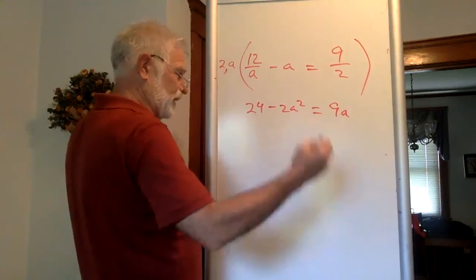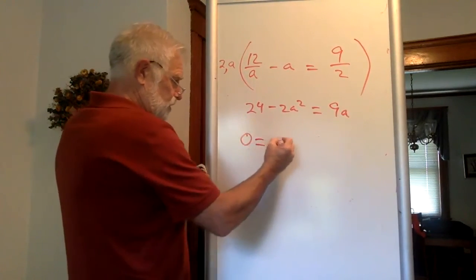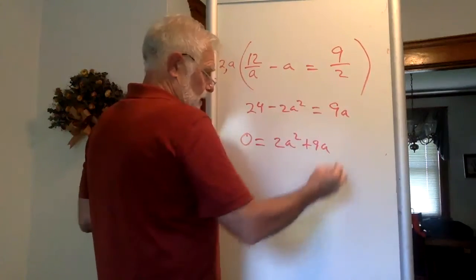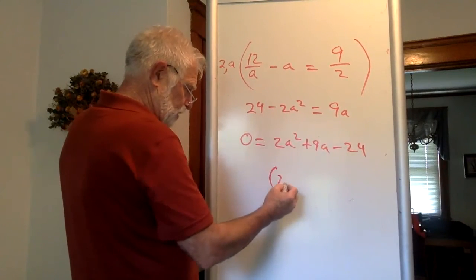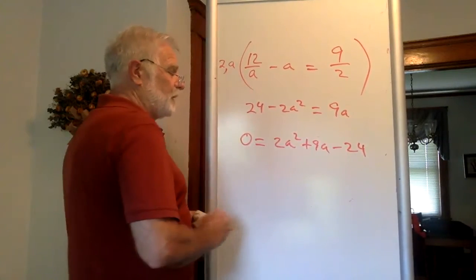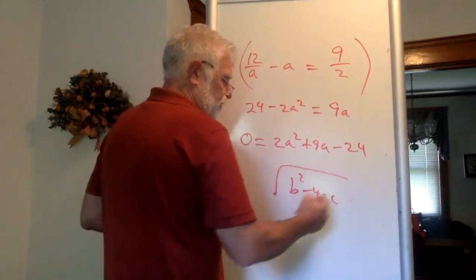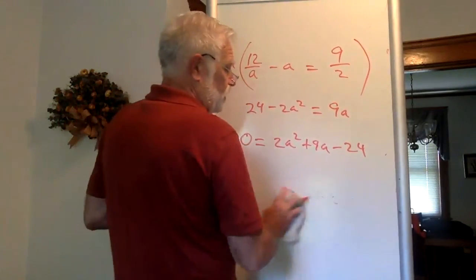Oh, I hope I didn't just make something up at random, because I don't feel like factoring this. 0 equals 2a squared plus 9a minus 24. Let's see, is this factorable? This is where the quadratic formula comes in handy.